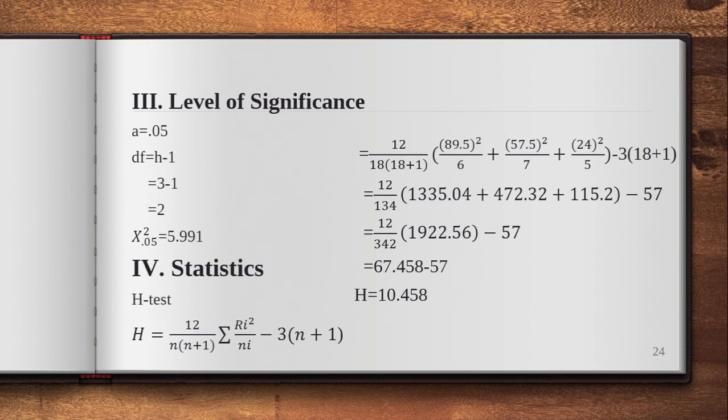So tama po. 342 po siya. So 12 over 342 times 1922.56 minus 57 is equal to 10.458. Now we have the H is equal to 10.458.